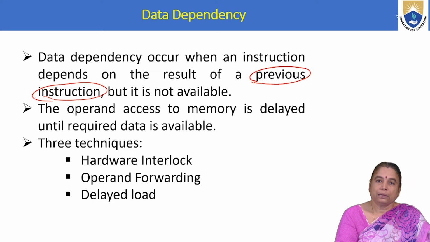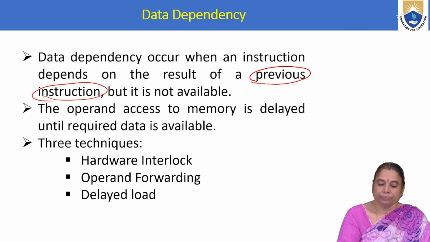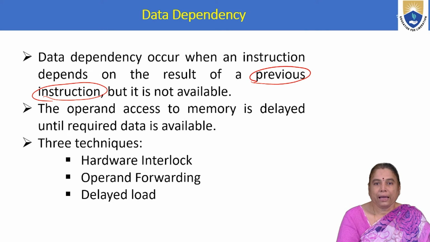So the instruction execution depends on another instruction's result, which is not available, and the data dependency problem occurs. The operand access can be delayed to mitigate this data dependency problem. Generally, 3 techniques can be used.